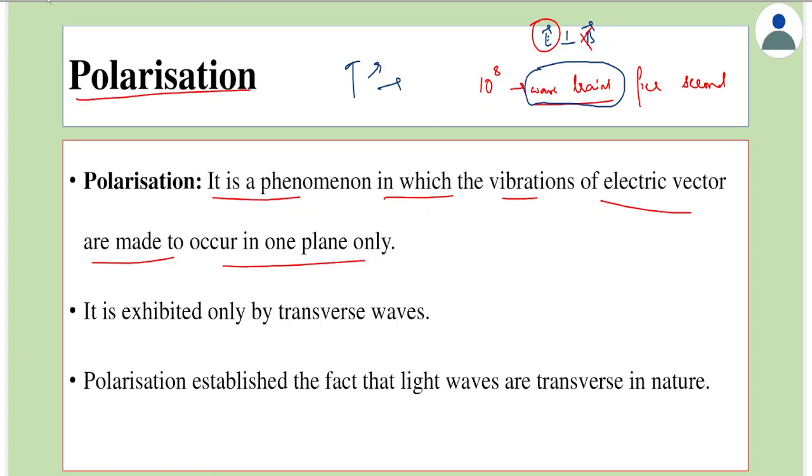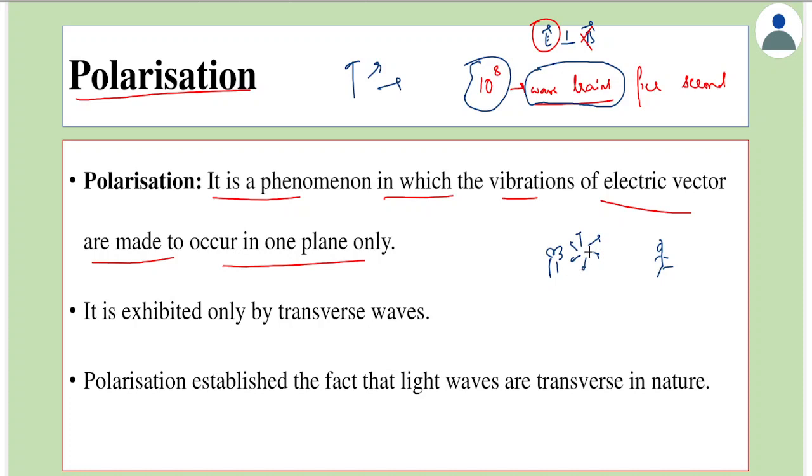Now a human eye cannot differentiate this many wave trains. So what a person would see from a source of light is that the wave trains reaching the person will contain electric field vibrations in all directions.